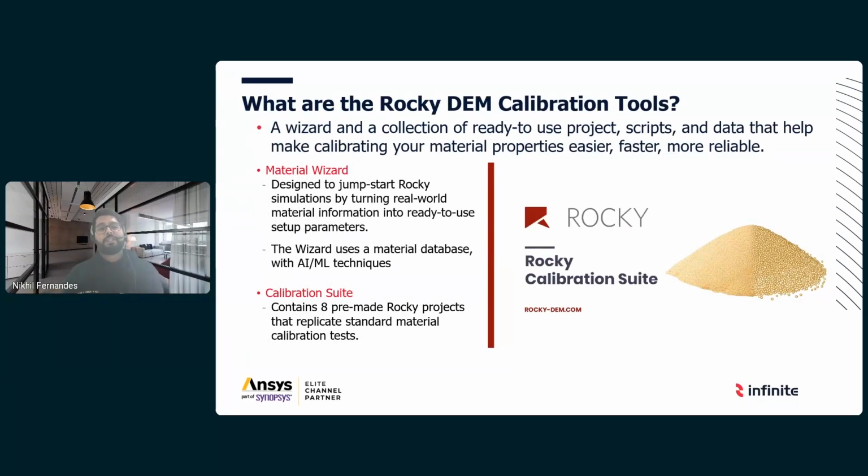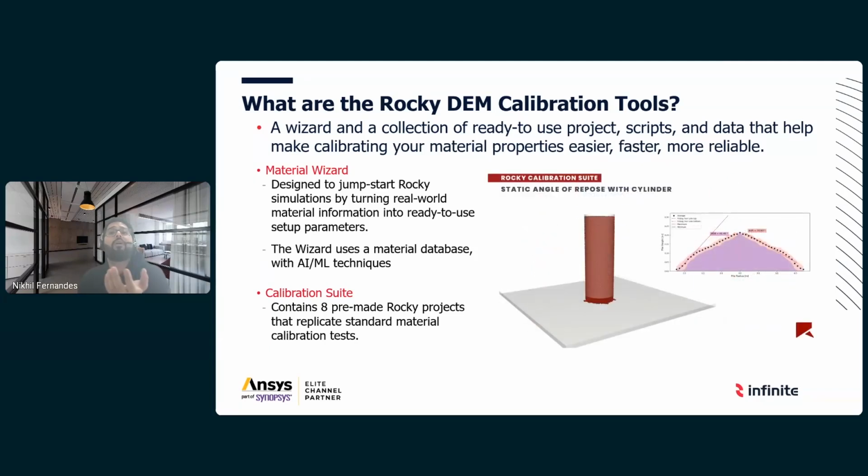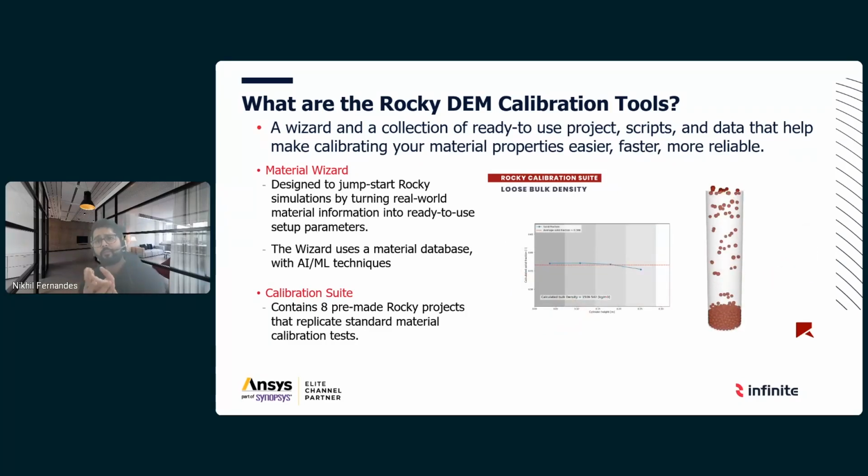Now, the next question you might ask me is, hey, Nikhil, it's all good and great that you have shown us nice videos that it's able to simulate well, but how about the validity of the software, or how can you validate these models? Rocky has an inbuilt tool called the Material Wizard and the Calibration Suite.